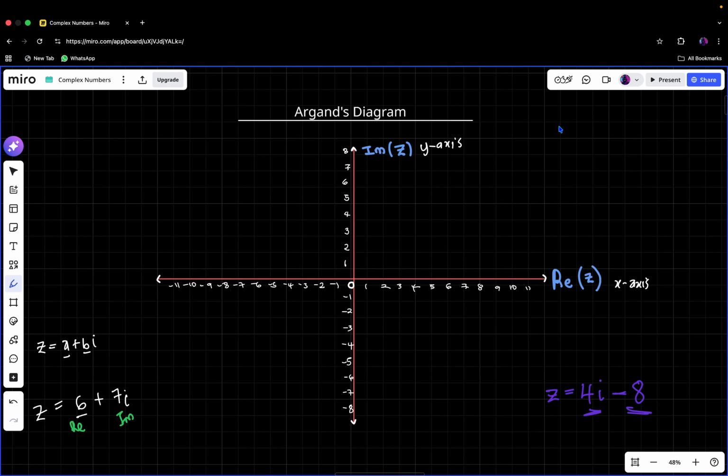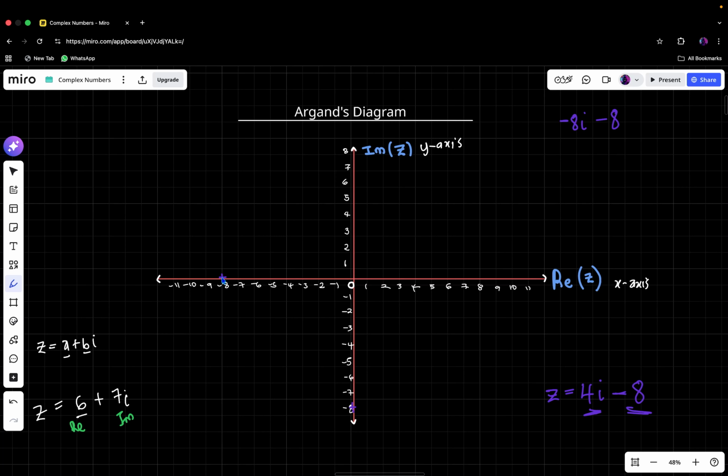Let us represent, let's say, negative 8i plus negative 8. So where is negative 8i on the imaginary? Negative 8 on the imaginary line is here. Mark it. Where is negative 8 on the real? Negative 8 on the real is here. We mark it.